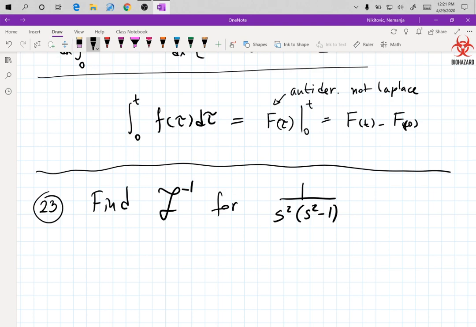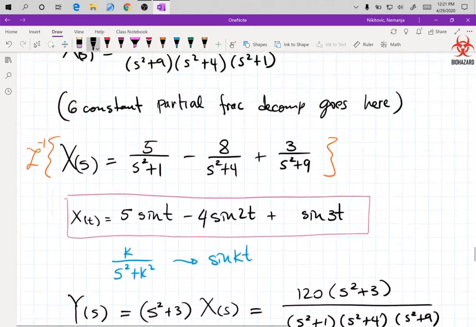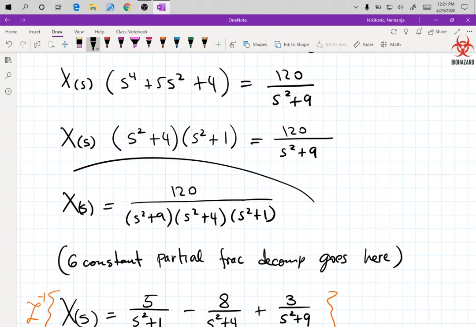Whether it was a system of differential equations or just a single equation, you had to go through all of these calculations, and once you solved for everything and went through the whole procedure, you are now here, where you have your x of s or y of s equal to that mess.